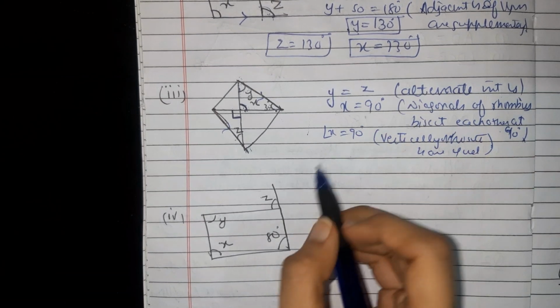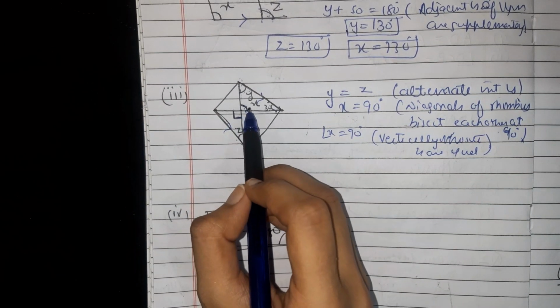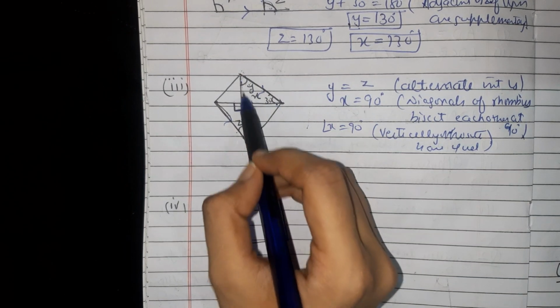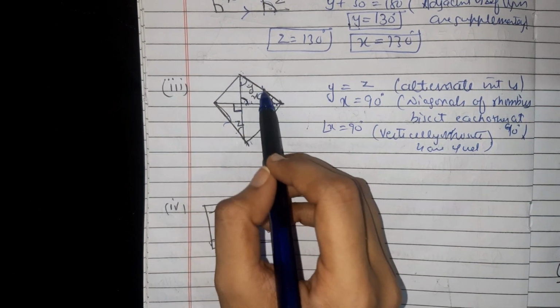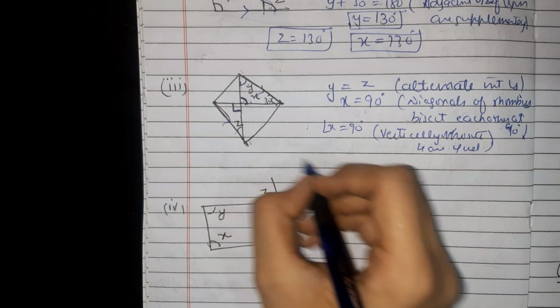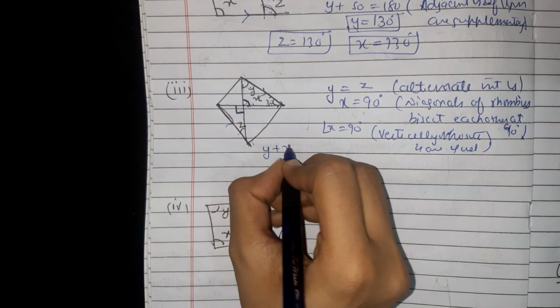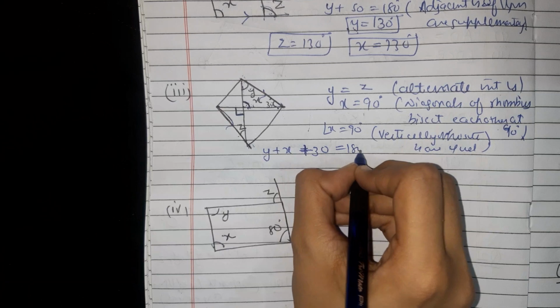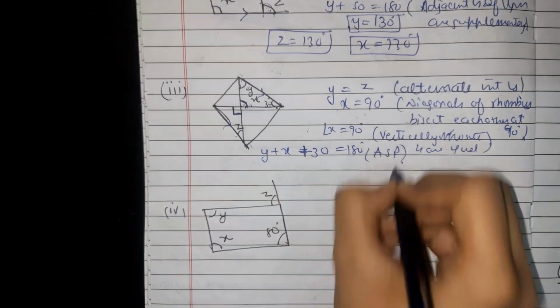Okay, so we have to find the value of x, y, and here this is a triangle and we know the angle sum property for the triangle, that is angle y plus angle x plus 30 degrees is equal to 180 degrees.